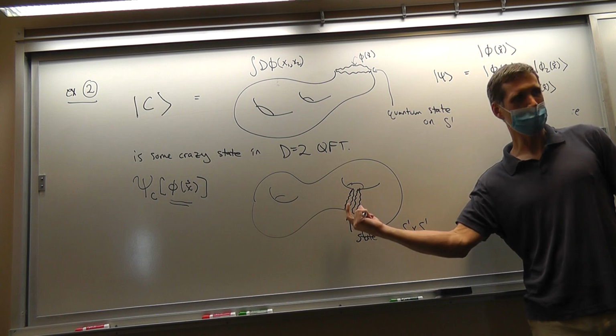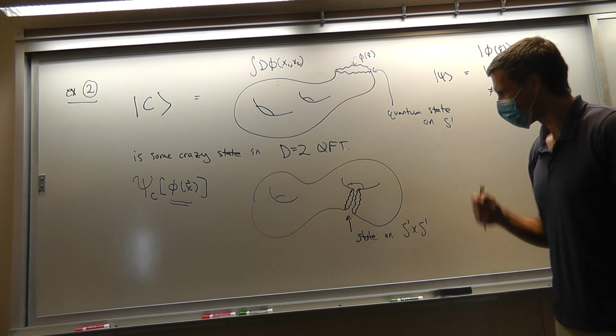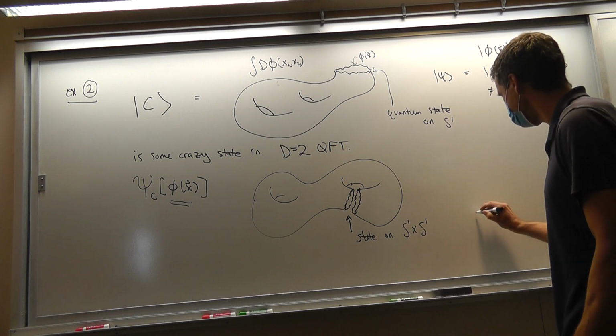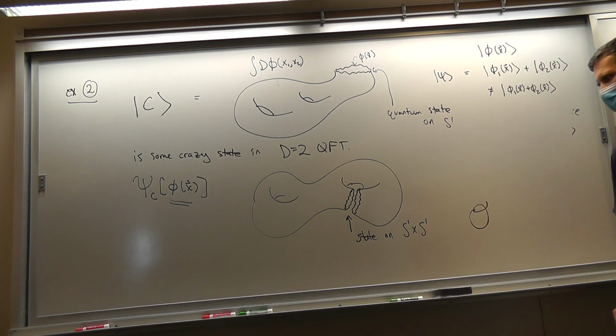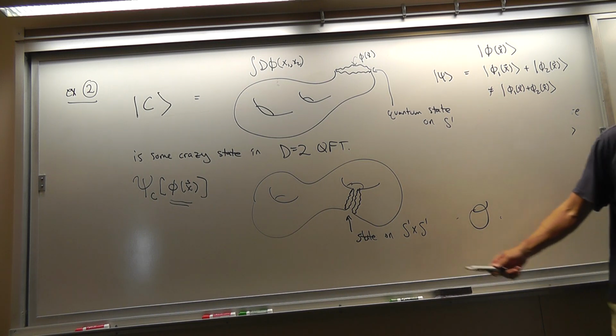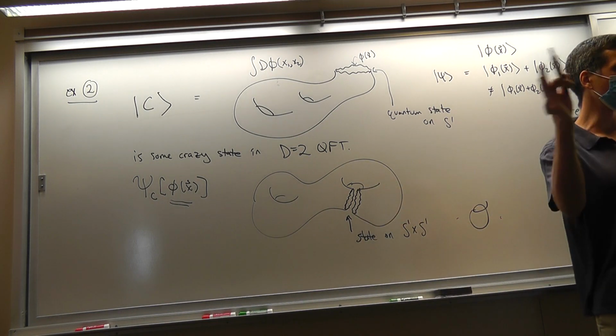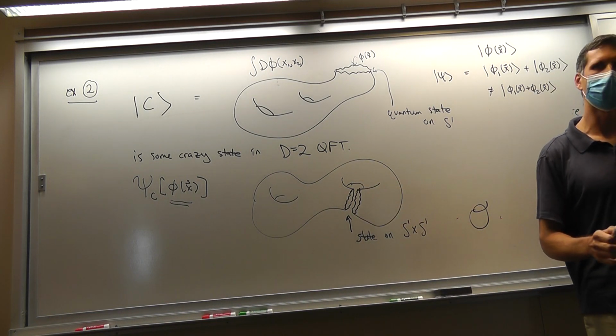So this is a state in two copies of the theory. Or you can think of this as an operator. Because what is an operator? An operator is something with two openings, one on each side. And I'll come back to examples of this, in particular operators. But for now, let me just say this has two openings, so it's an operator, one for each side of the operator.